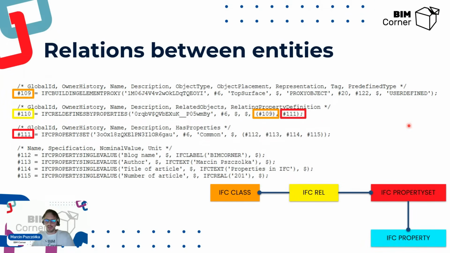And at the end, you can also see that we have information about the properties directly in a property set. So it's built up for any property set. This is the main idea behind it, and this also helps us to organize or include more properties and attach them to many objects or just one object. So this is the mechanism behind it. If you see the information and properties in your viewer, this is how it's done.